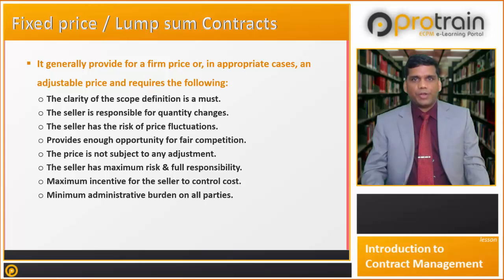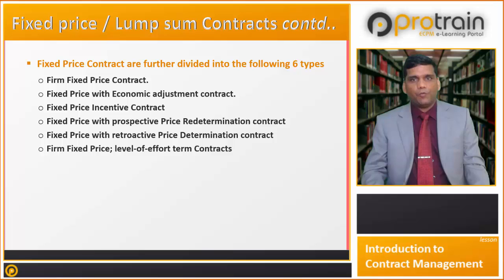Fixed price contracts are separated into the following 6 types: firm fixed price contract, fixed price with economic adjustment contract, fixed price incentive contract, fixed price with prospective price redetermination contract, fixed price with retroactive price redetermination contract, and firm fixed price level of effort term contract.